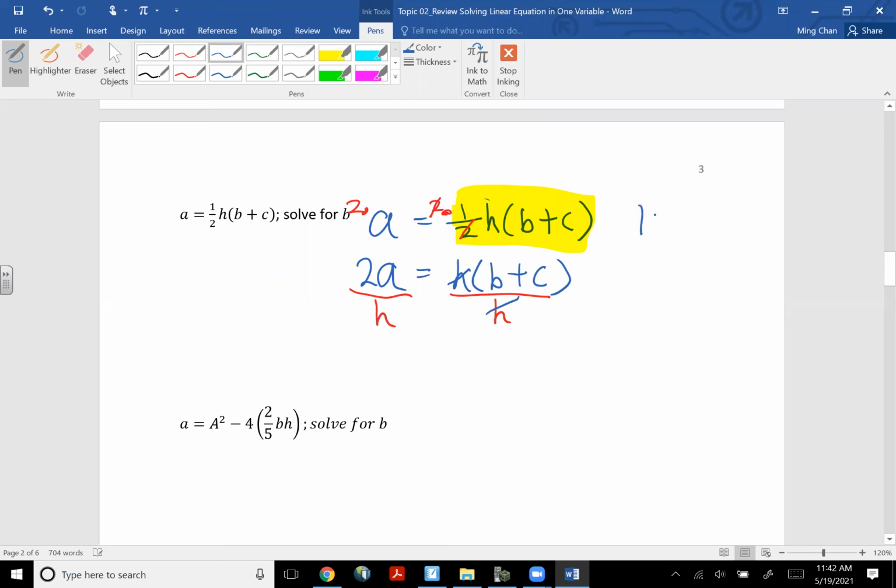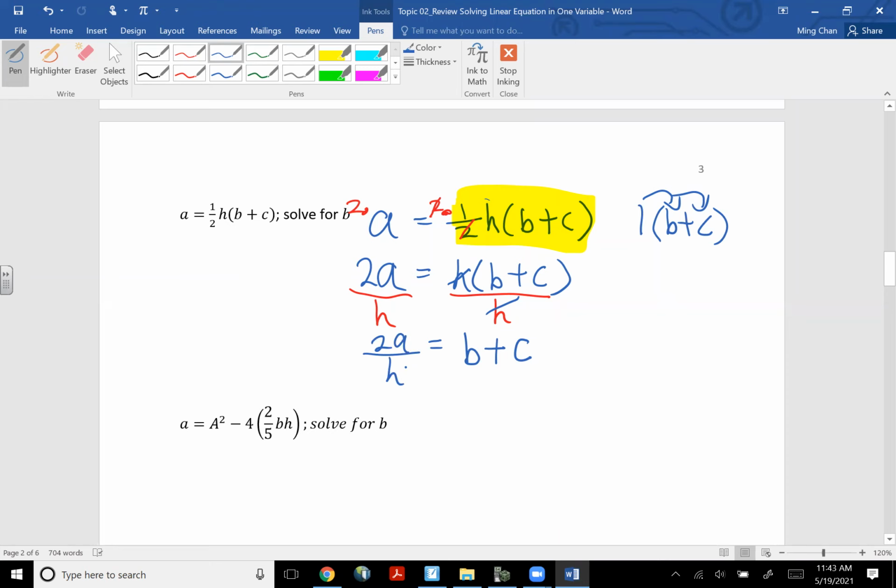I end up with 1 times B plus C on the right side. And the 1 in the distribution will simply allow me to bring my positive B and positive C outside of the parenthesis. It's a little bit quicker. The left side will be 2A over H.